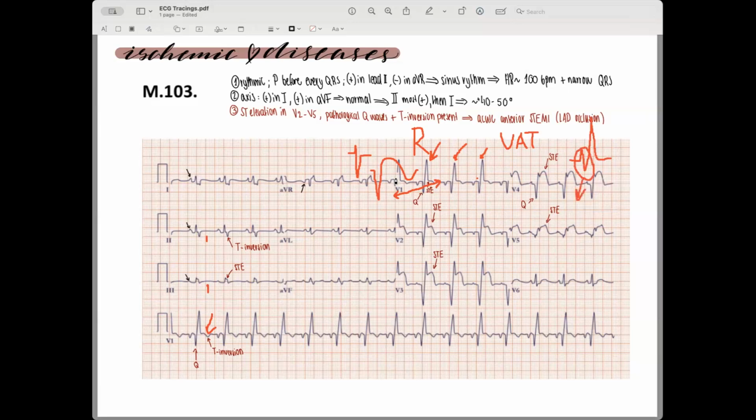That's the problem. If you see a big R wave, especially the next one, and you see that the ventricle activation time is elongated in V1, always think about right bundle branch block. Another thing that can cause a big R wave in V1 is right ventricular hypertrophy.